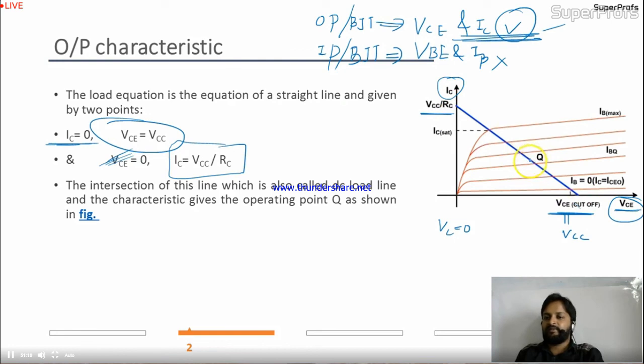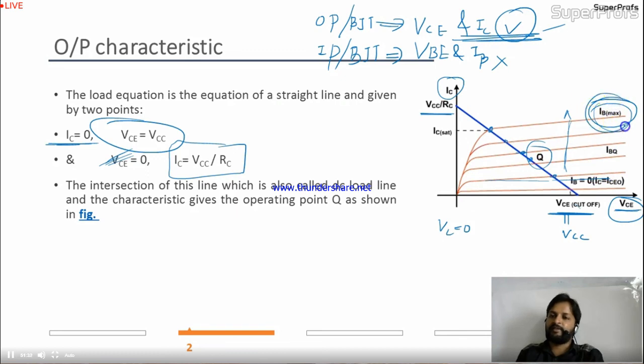And this we call the Q point over here. Whenever the characteristics cut the load line, we call it the Q point. Okay, so these are different characteristics for different values of IB. Is it okay?